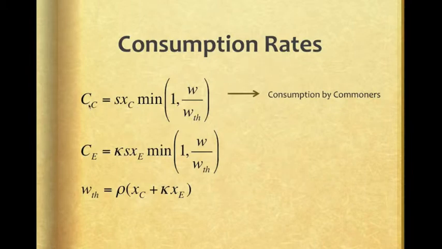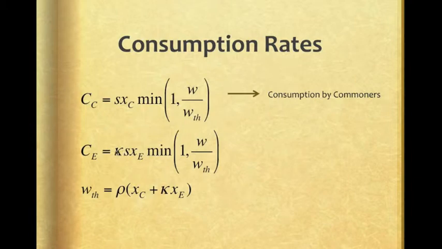If there's scarcity of wealth, then both commoners and elites, both will follow the same pattern, and will be able to consume less. The difference between the consumption of commoners and the consumption of elites is that the elites consume more, driven by this inequality factor kappa.